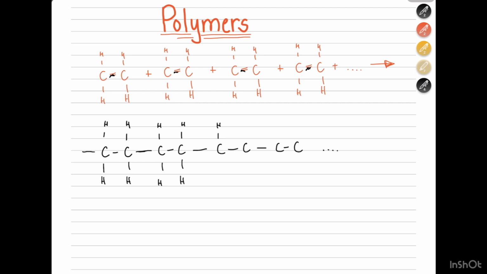What is happening here? We had so many ethene molecules. The double bond breaks and they attach to each other and form a chain. We call this polyethene. So you can see the process of conversion of a simple ethene, a monomer, into a polymer is known as polymerization.